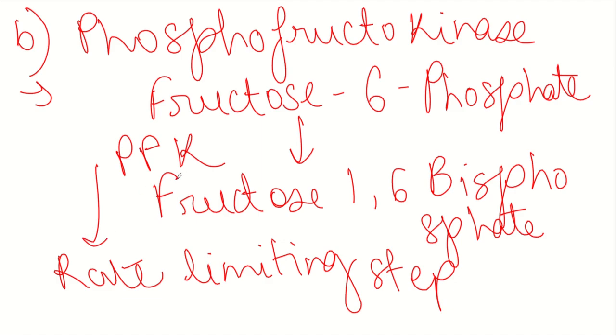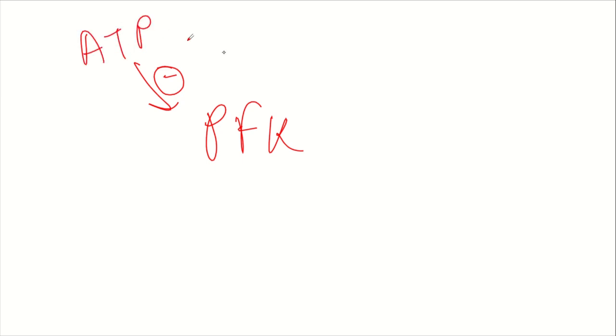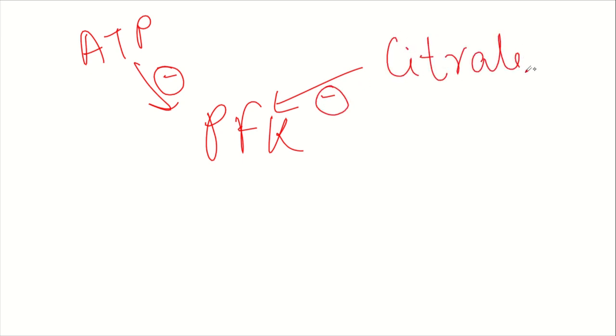So let's know which are the inhibitors and promoters of phosphofructokinase. So phosphofructokinase is inhibited by ATP and citrate.